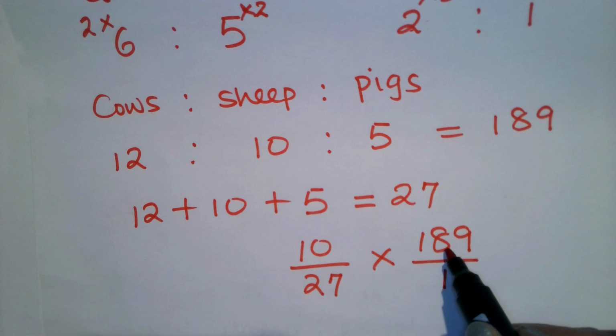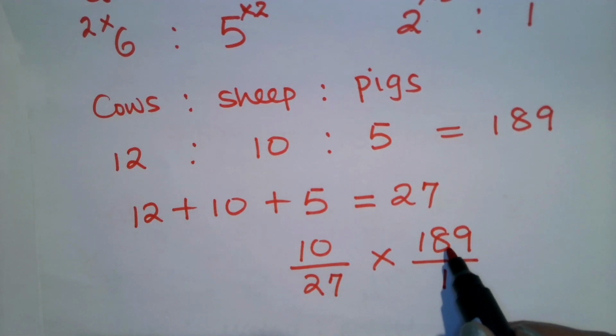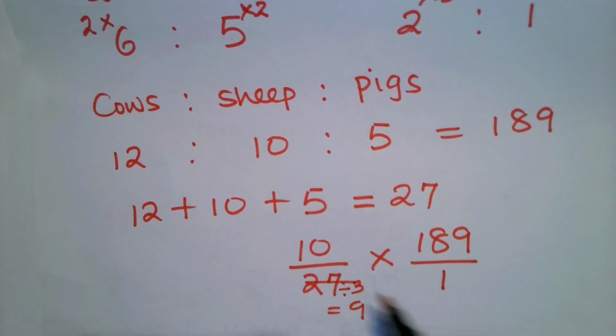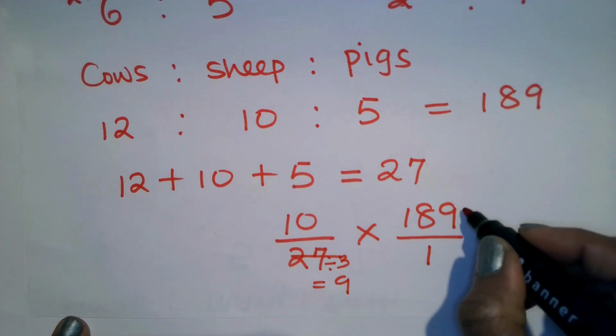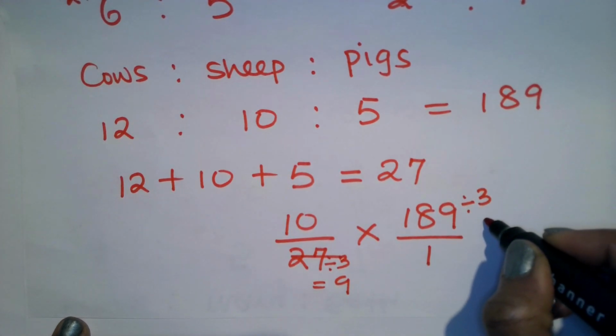So I look at 189. 3 can go into this, and it can also go into this. So 27 divided by 3 will give me 9. Now this divided by 3 is going to give me 63.